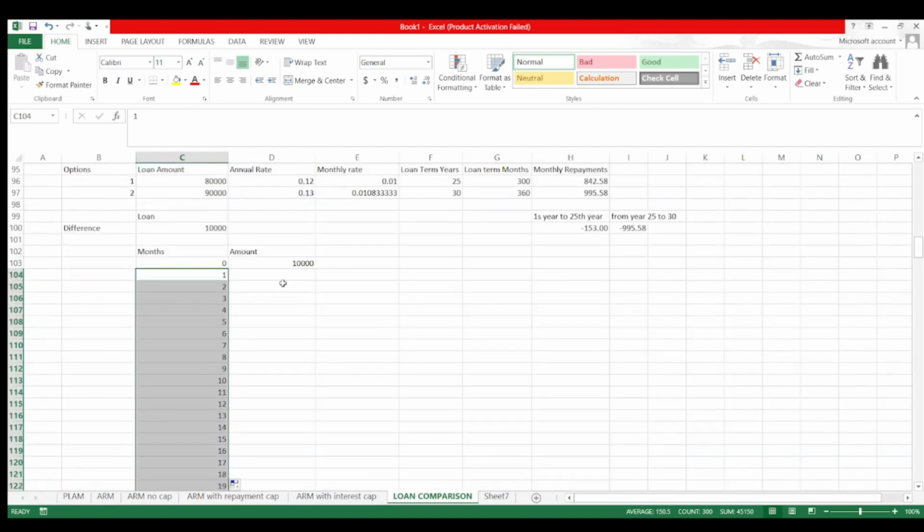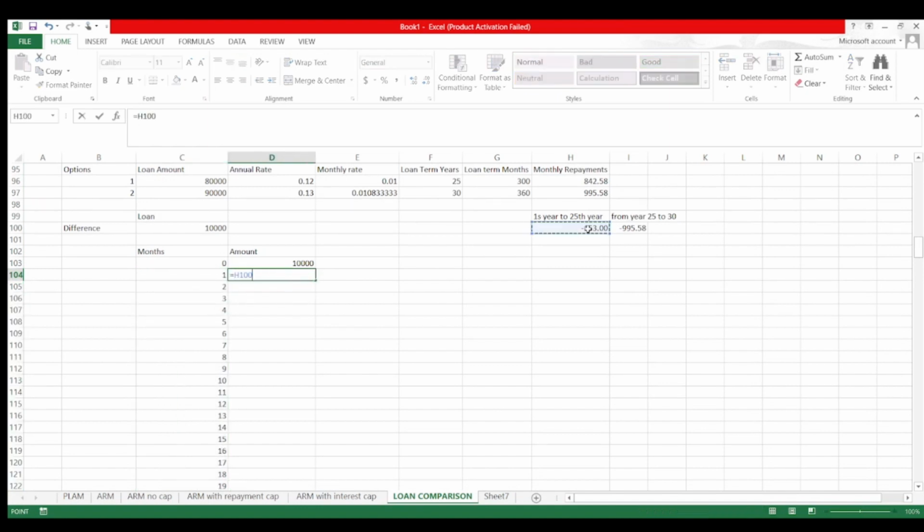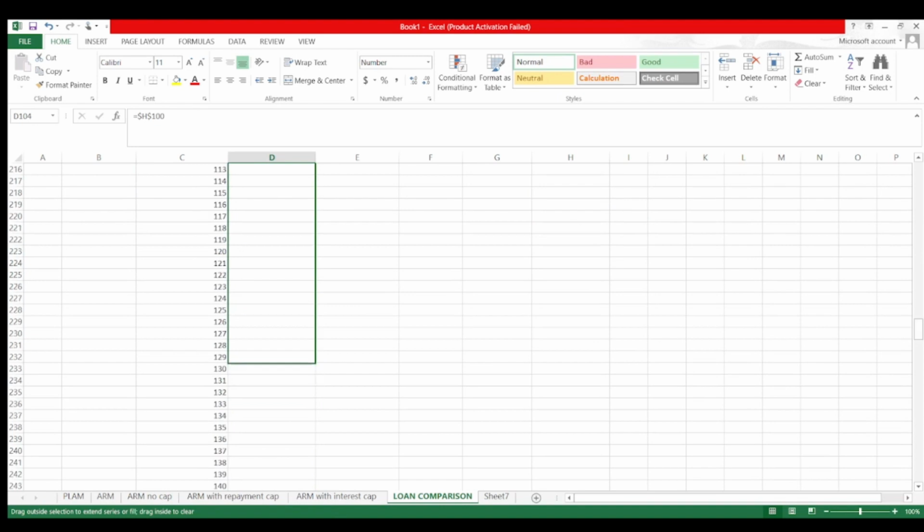So the cash flows in this case will be equal to this. So let's just lock it. And drag it down up to 300.